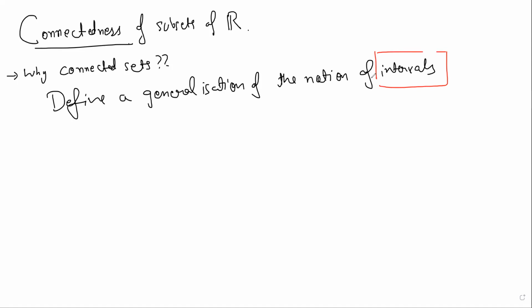But that doesn't tell you the full picture, because a lot of other theorems don't need connectedness. We will see that when we are doing complex analysis, when we are looking at functions from the complex plane to the complex plane, then the domain should be a set which is in one piece.